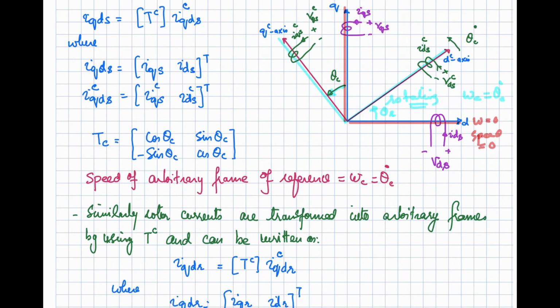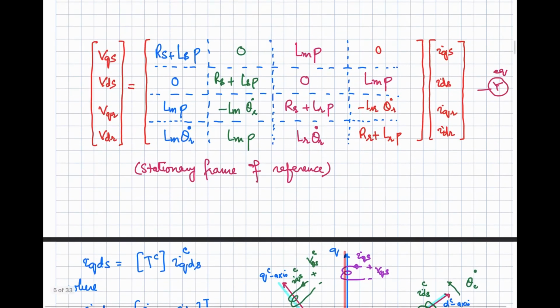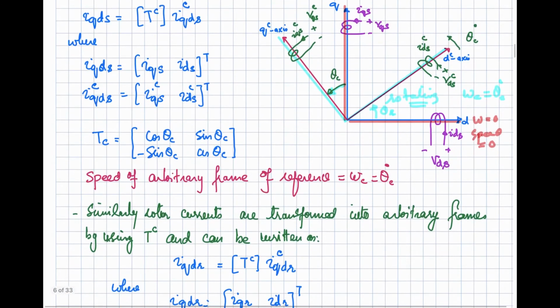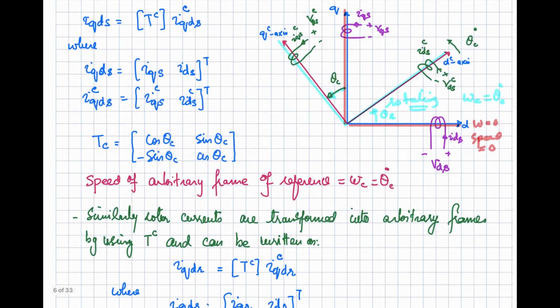So we are basically now going to translate this model of the induction motor that we have developed in the stationary frame of reference into an arbitrarily rotating frame of reference. So for that we need another transformation. We have the information in this stationary frame of reference, IDS, representing the stator current in the stationary frame of reference, and IQS is representing this stator current in the stationary frame of reference.